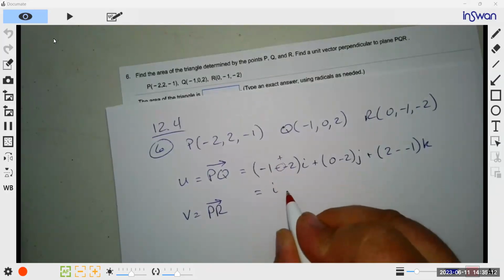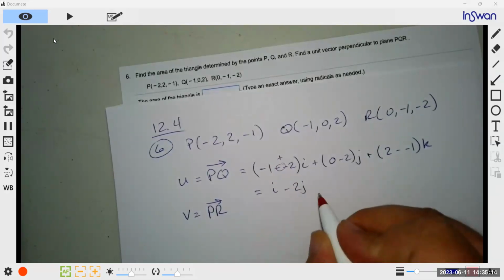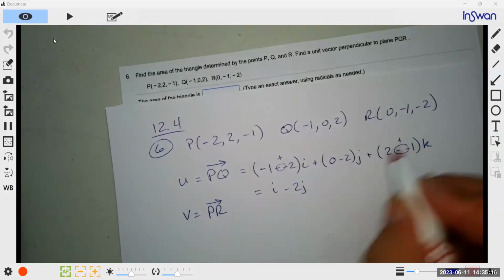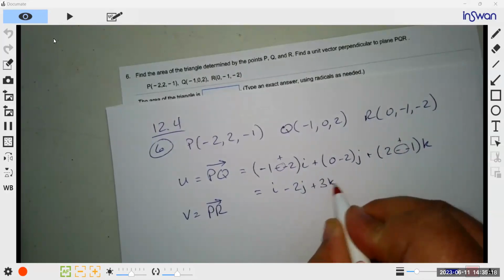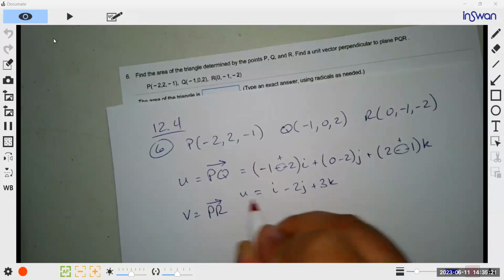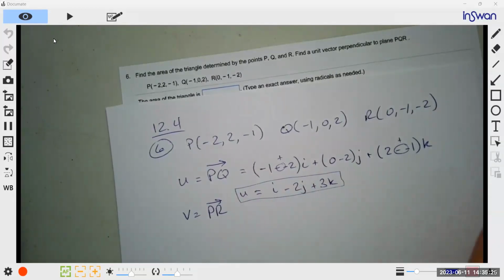So it's I minus 2j plus 3k. That's vector u.